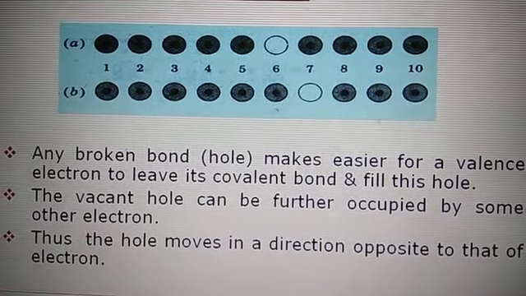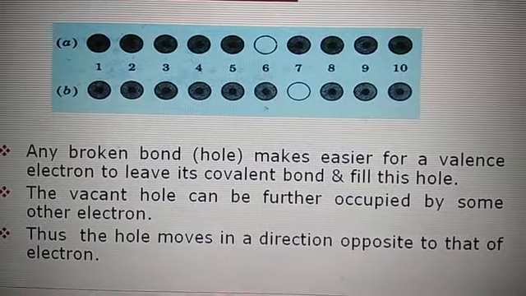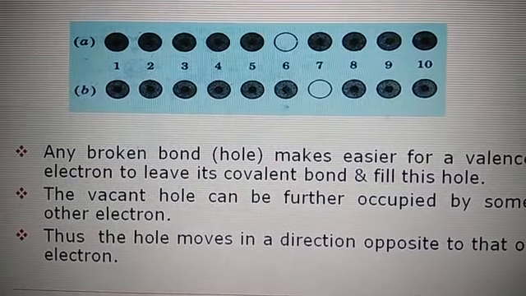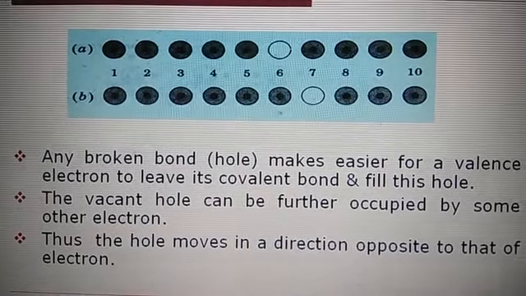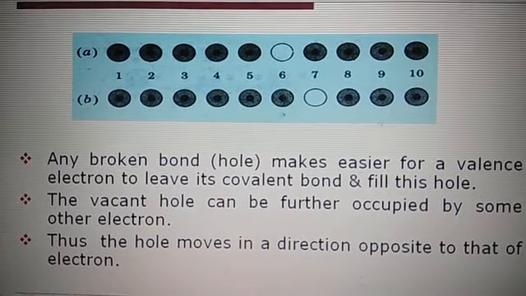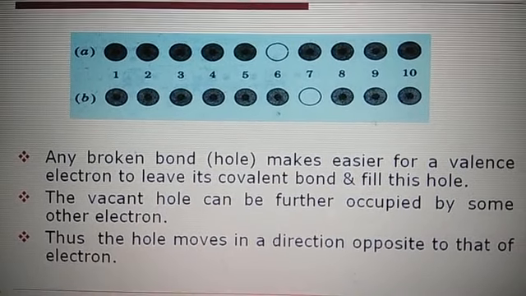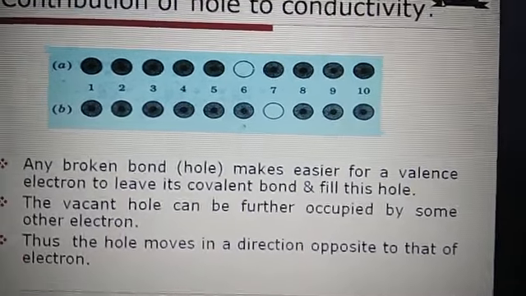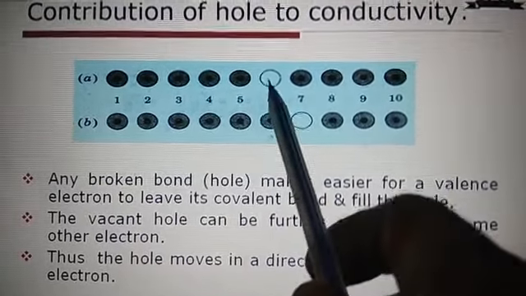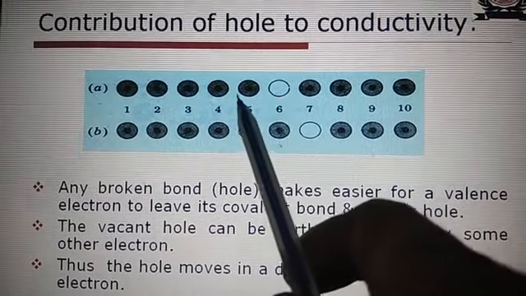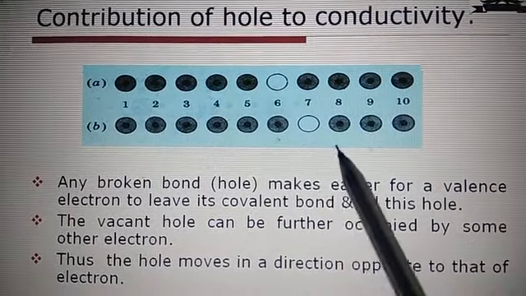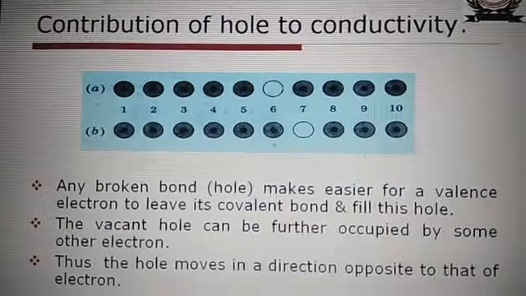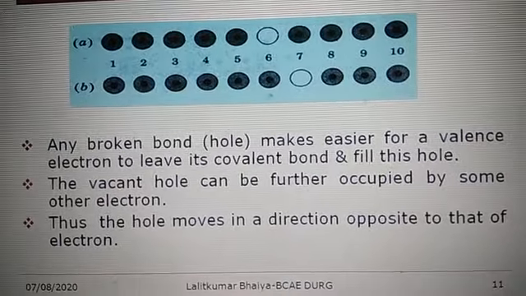Any broken bond hole makes it easier for a valence electron to leave its covalent bond and fill this hole. This vacant hole can be further occupied by some other electron. This vacant hole will again be occupied by this electron. Again this vacant hole will be occupied by the other electron, and this will move.